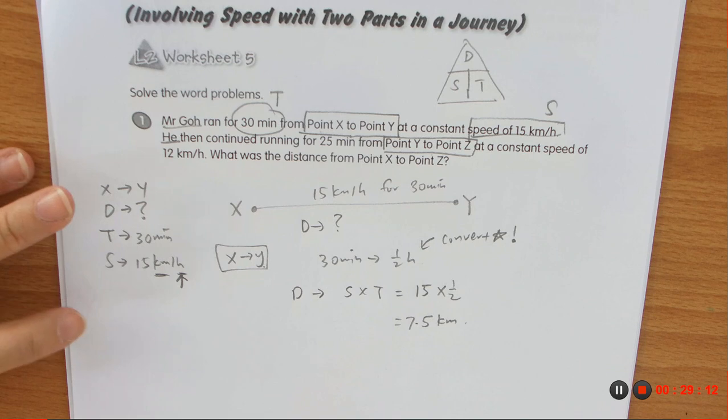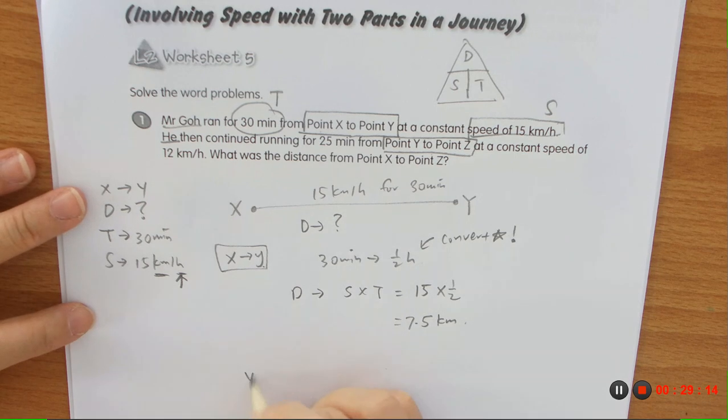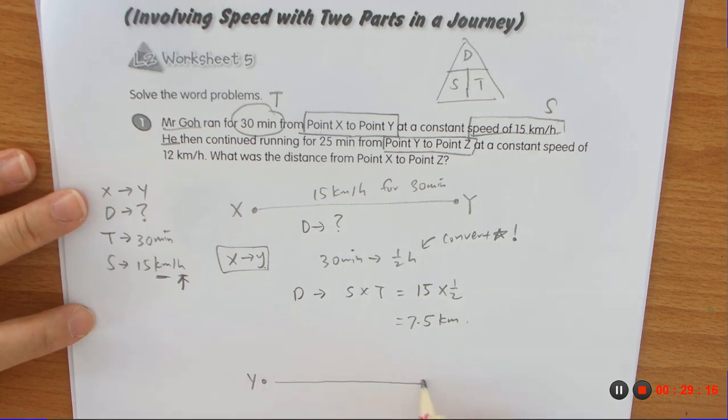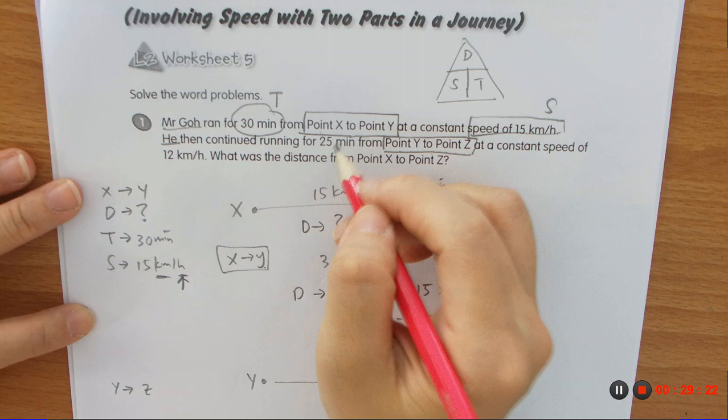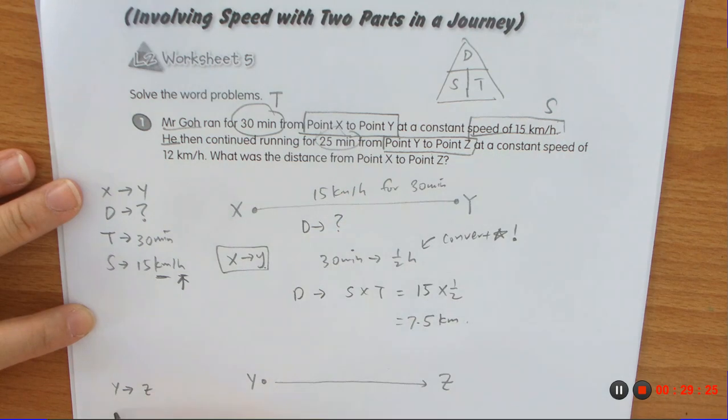Then I go Y to Z. Okay. Then from Y to Z, is it the same information? Same provided information, similar. 25 minutes is provided. Distance is still an unknown, and speed is different.